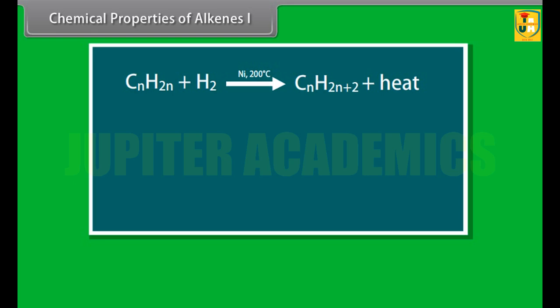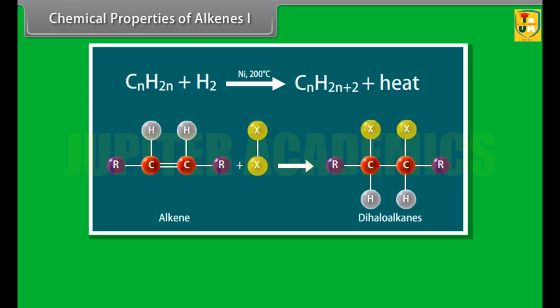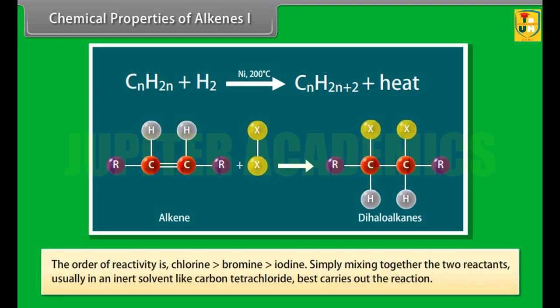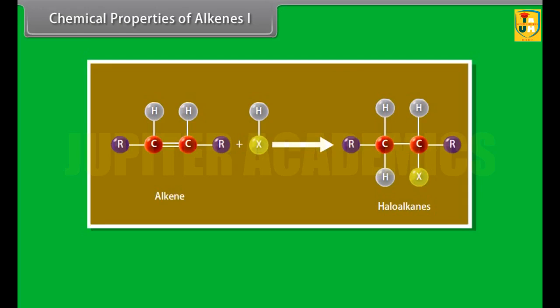Addition of halogens. Alkenes react with halogens to form dihaloalkanes. The order of reactivity is chlorine greater than bromine greater than iodine. Simply mixing together the two reactants, usually in an inert solvent like carbon tetrachloride, best carries out the reaction. Addition of halogen acids.